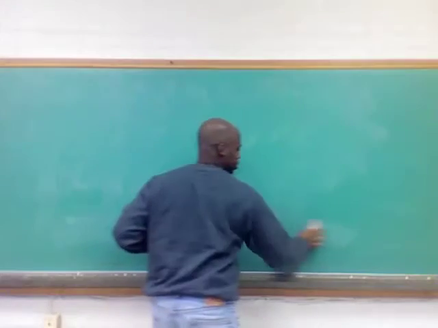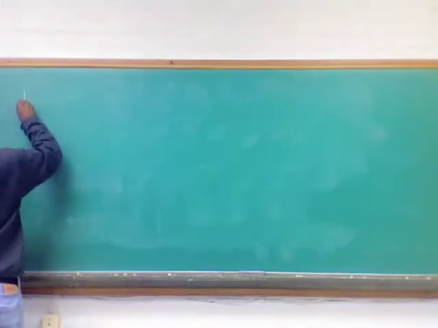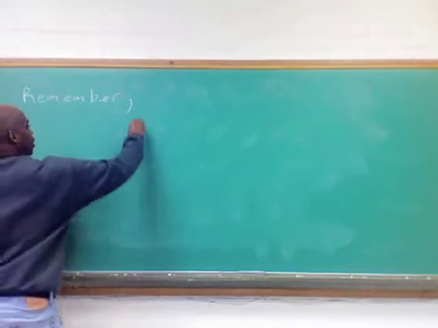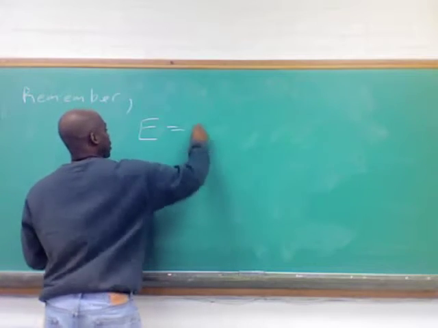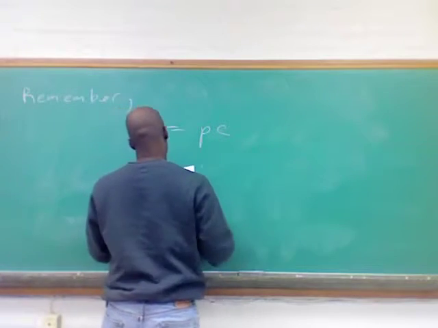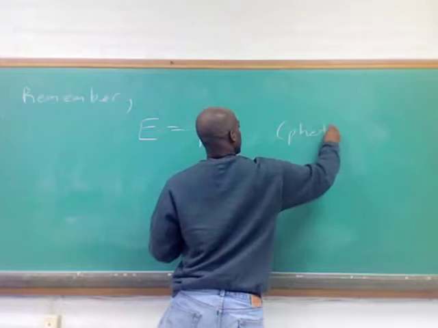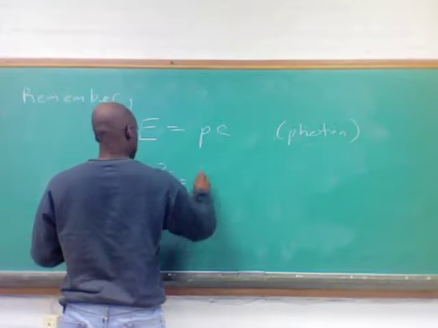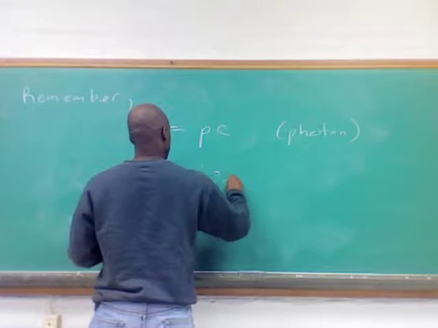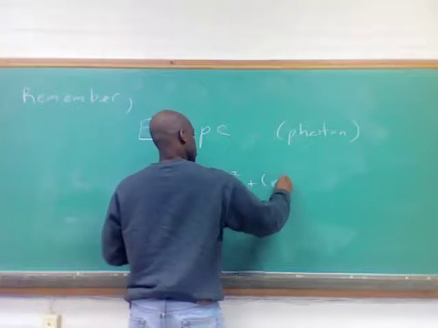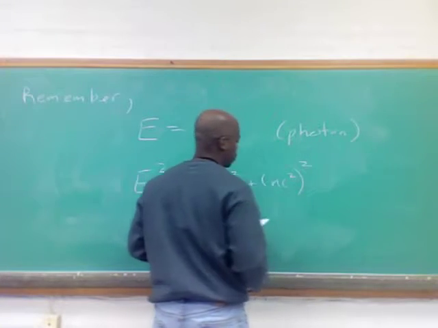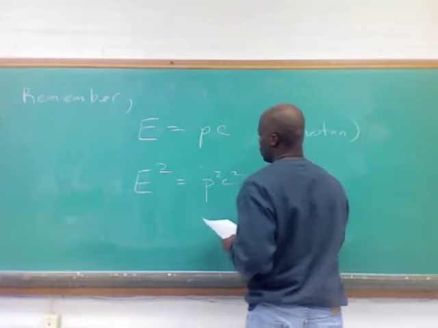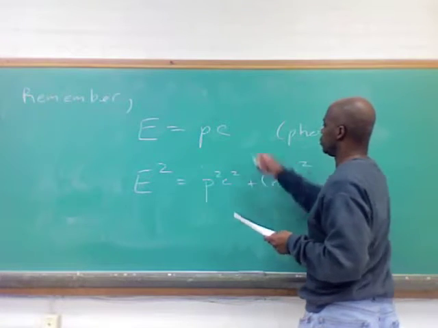So what we want to do is remember the following. The energy for our photons is just its momentum times the speed of light. And the energy is also equal to, for a relativistic object, this we can do for our electron, this we can do for our photon.